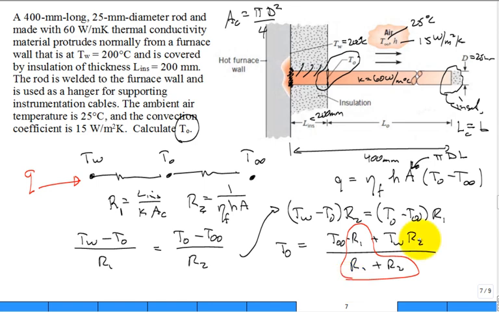Then if I look at R2 divided by R1 plus R2, well, if the first fraction was 30%, guess what the second fraction is? 70%. They add up to 100. It could be 50-50, 60-40, 30-70. Boom, the math works. Okay? So at this point, you could substitute the numbers, work out what the efficiency is. Let me see if I have any notes on this. And you find that T naught comes in at 109 degrees C.